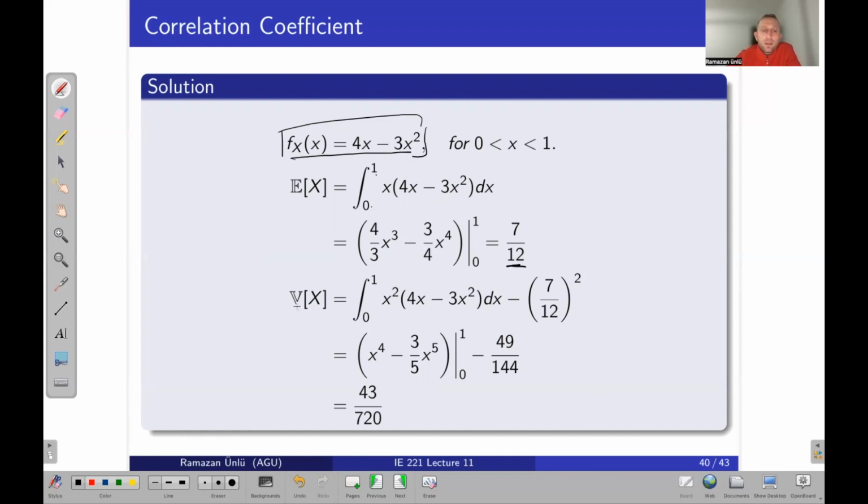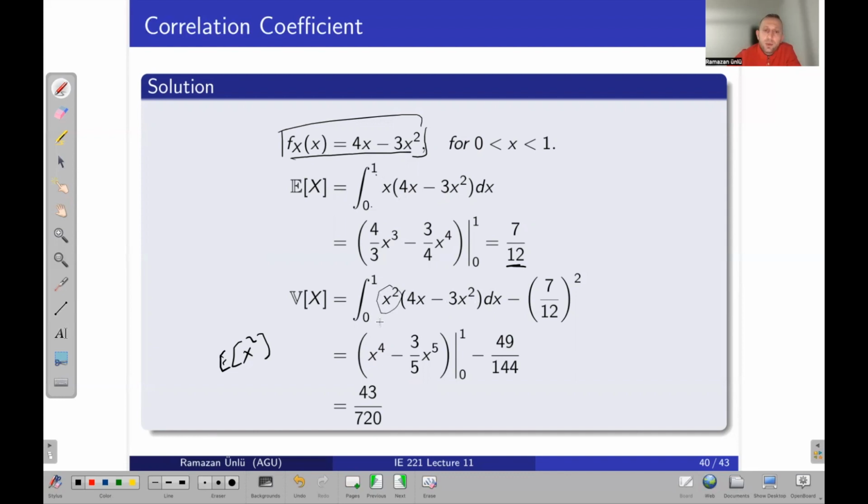And also to calculate the variance of x, you can first calculate the second moment, the expected value of x squared, which is again, I just need to integrate x squared times 4x minus 3x squared, the marginal PDF of x.